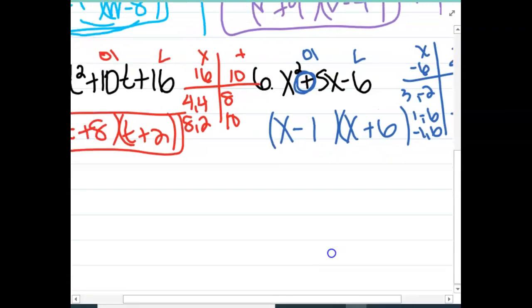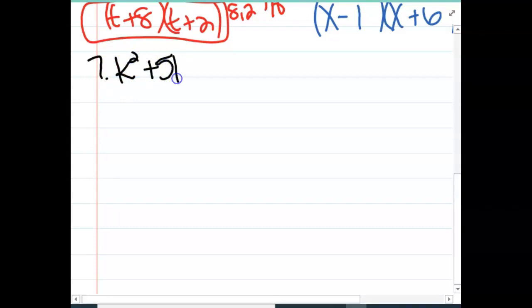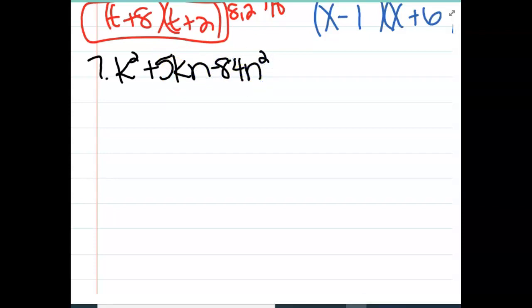Okay, I'm going to throw in one more thing to ponder. Number 7, k squared plus 5kn minus 84n squared.